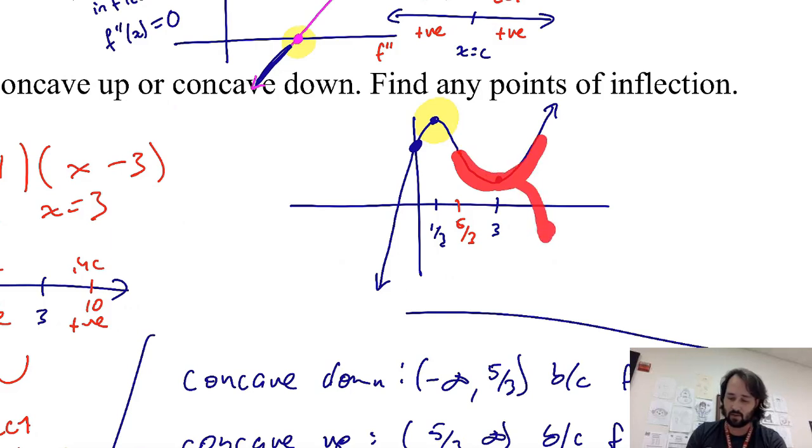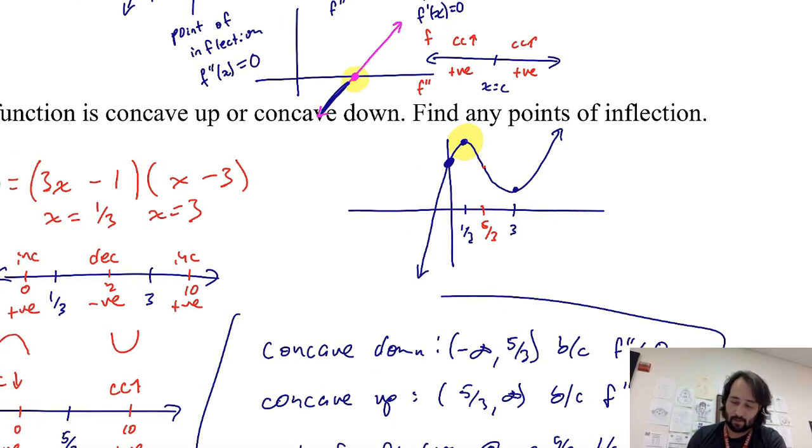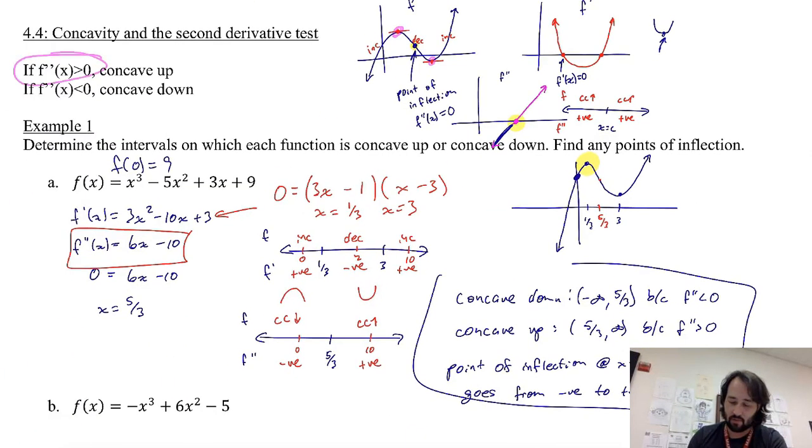It doesn't continue to go down, because if it were to continue to go down, then that would be an actual point of inflection right there, which would not be a relative minimum. Okay, so that's kind of how we use all of this information to help us. So while it's a lot, really all we're adding is just this concavity piece to what you already know.